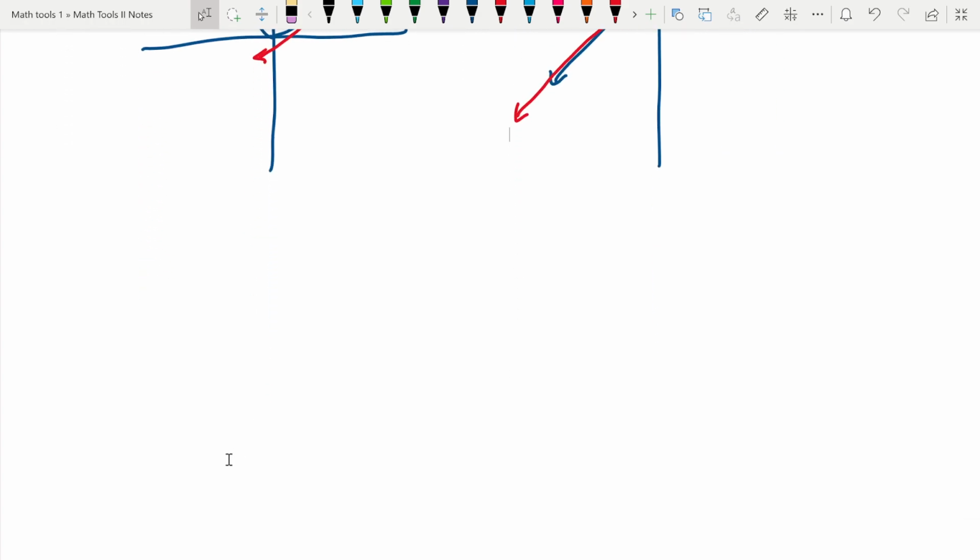Okay. So now let's go ahead and define the derivative.